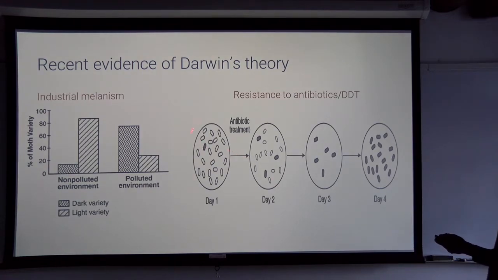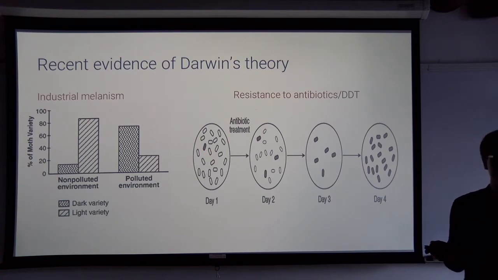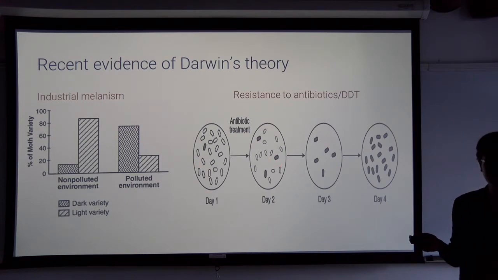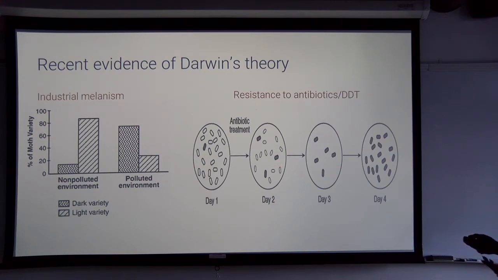Here's another popular one to see, the treatment with antibiotics. Here's day one, we have a bacteria that has the trait to be resistant to that antibiotic. And so we see the ones that are not resistant die out over time, but the ones that are resistant will then start to increase because they reproduce quickly and the medicine is not killing them.